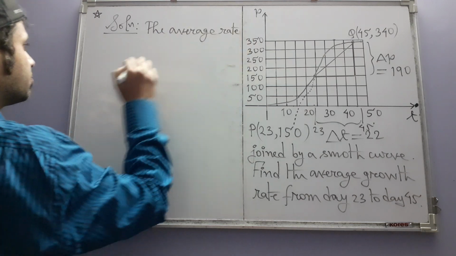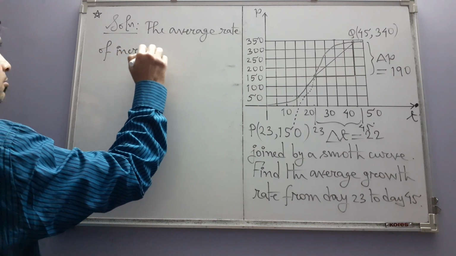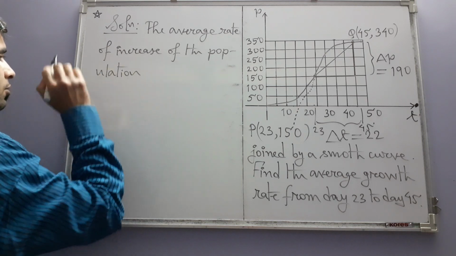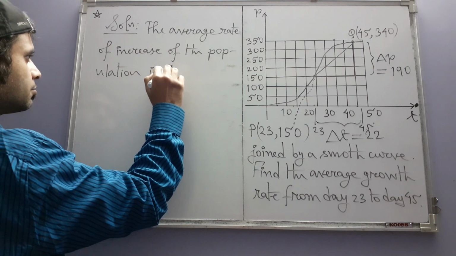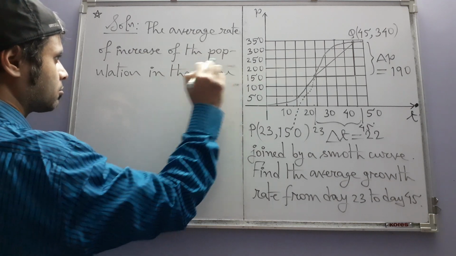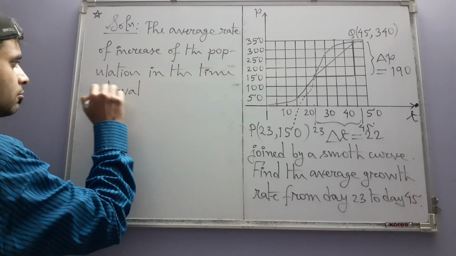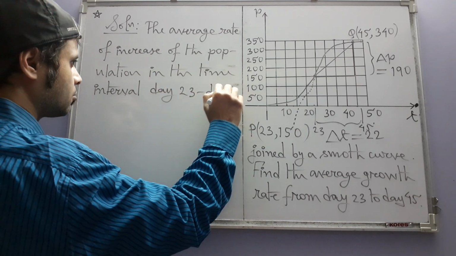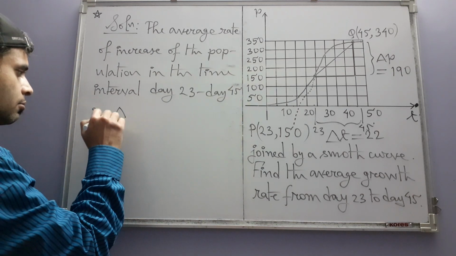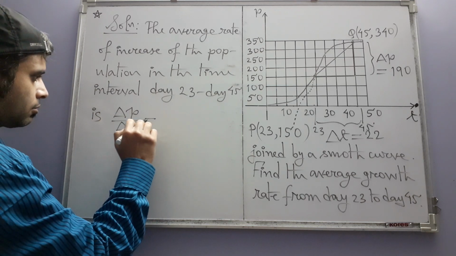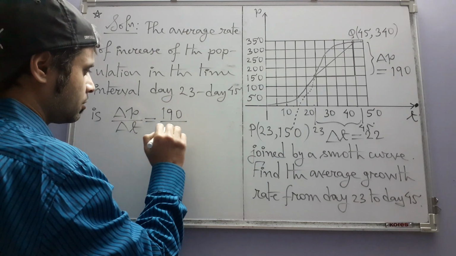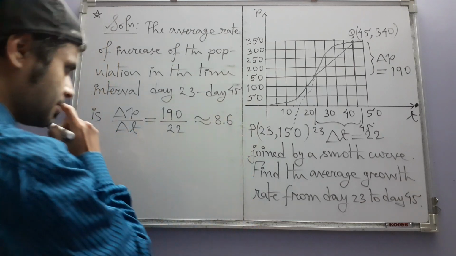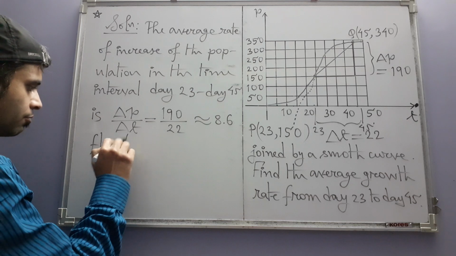The average rate of increase of the population in the time interval day 23 to day 45 is 190 divided by 22, and that is approximately equal to 8.6 flies per day.